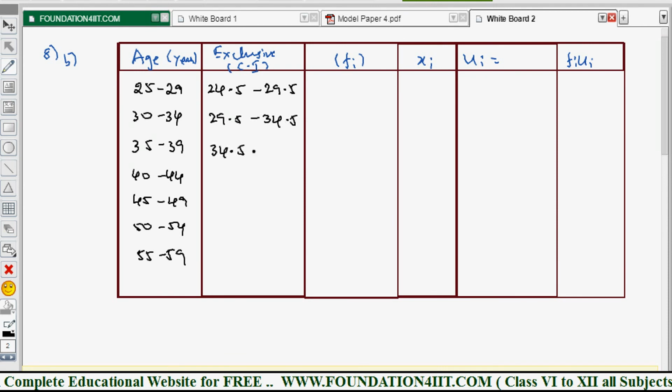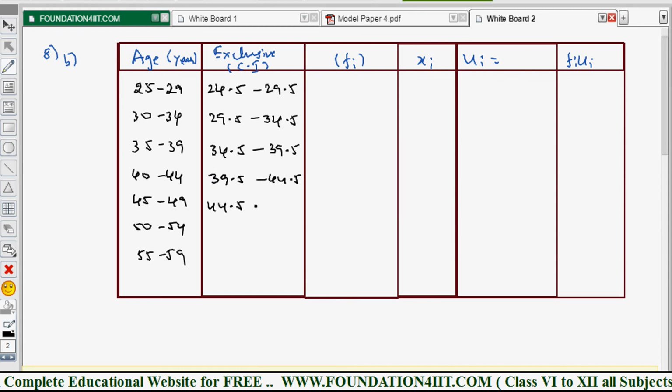So 34.5 to 39.5. Just write like this. Then 39.5 to 44.5.